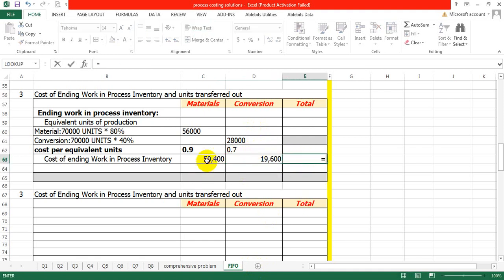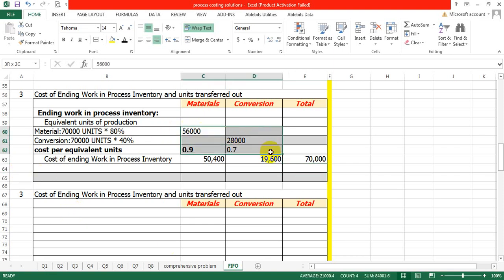So my total material plus conversion cost is 70,000. So my cost of ending WIP is 70,000: material 50,400 and conversion 19,600. So we have calculated these values.